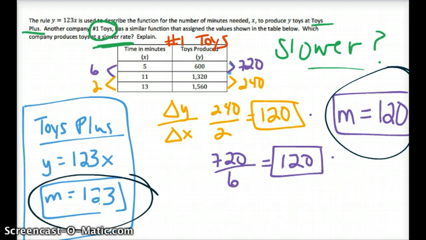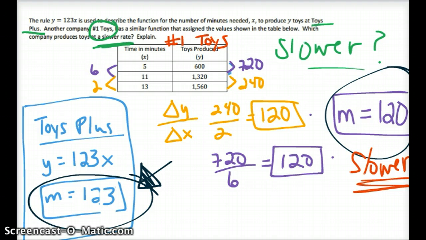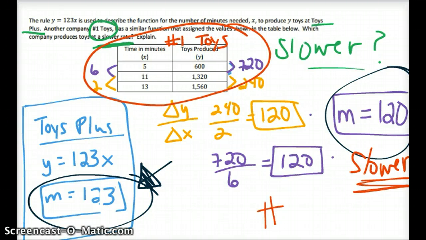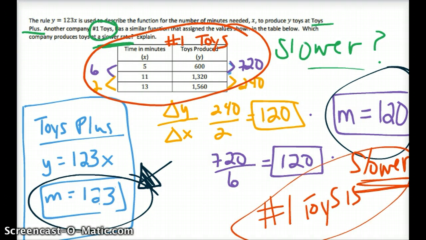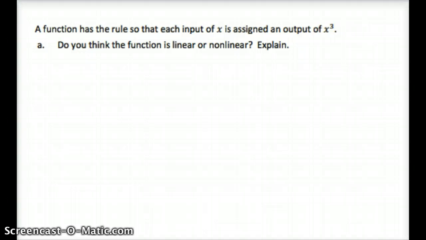Now I'm going to compare those two slopes and see which is greater. This slope is greater, so that means that the slower slope is Number 1 Toys. So Number 1 Toys produces toys at a slower rate.